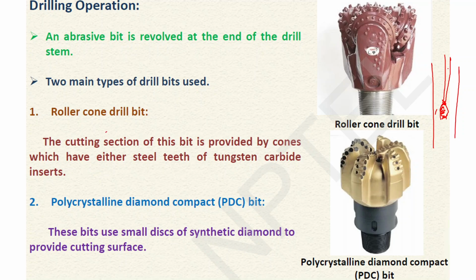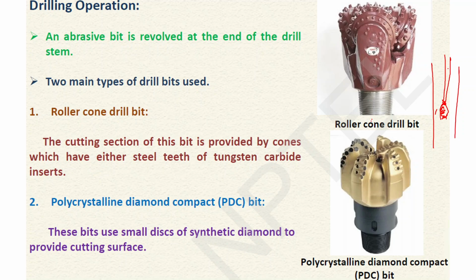So two types of drilling bits are used. The roller cone drilling bit: the cutting section of this bit is provided by cones, which are made of steel, with steel teeth or tungsten carbide inserts. And the other is the polycrystalline diamond compact bit. These bits use small discs of synthetic diamond to provide the cutting surface.